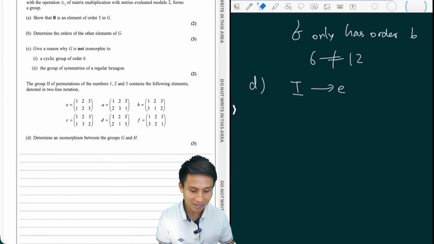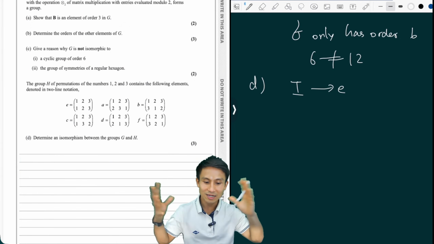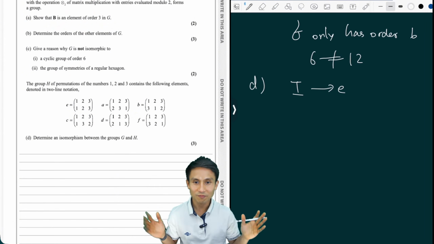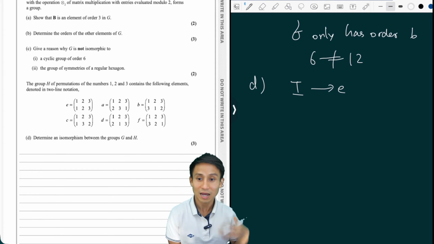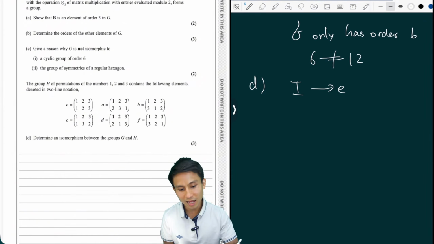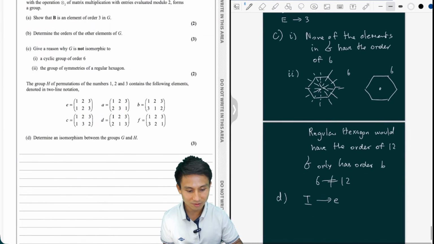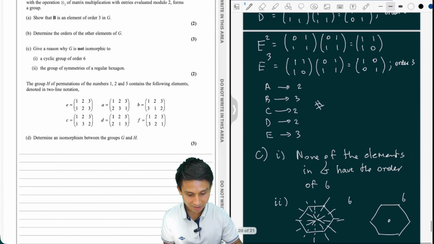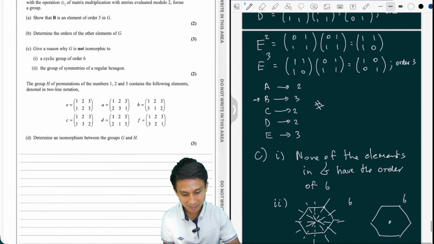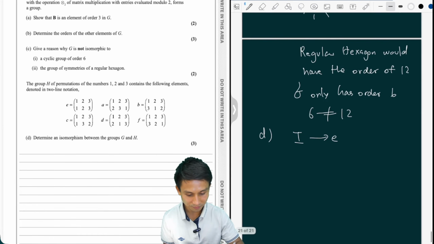Now let's have a look at the other ones, because first we have to check if an isomorphism might exist. So I and E are the same order. Then we have the second order, and let's do the third order first. B and E, because there are just 2 of them.